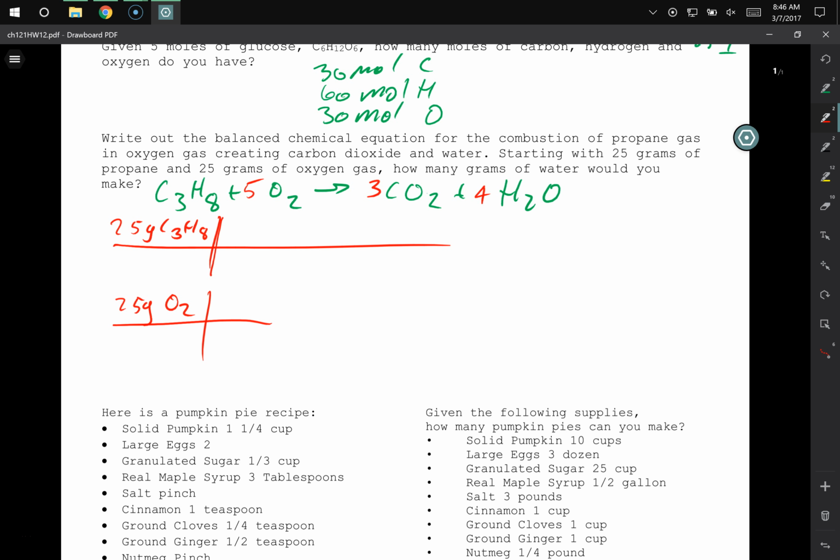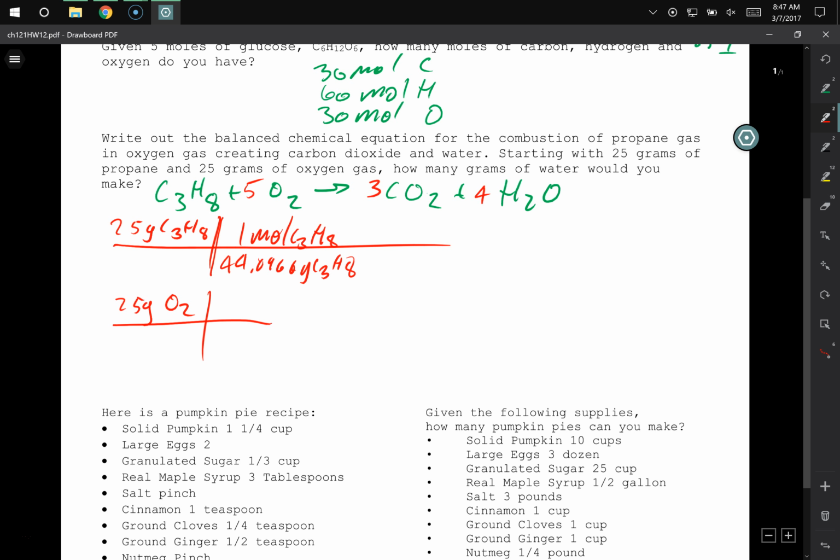All right, so my mass is going to be 12.0111 times 3 plus 1.00795 times 8. Is that right? 8? Yeah. So this is a mass of 44.0966 grams for every 1 mole of C3H8.